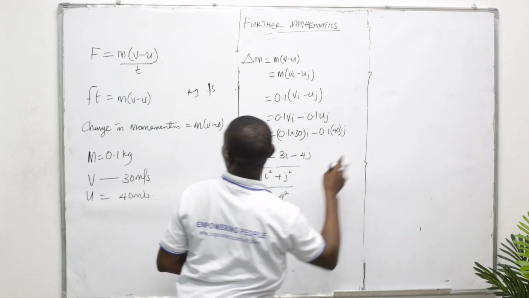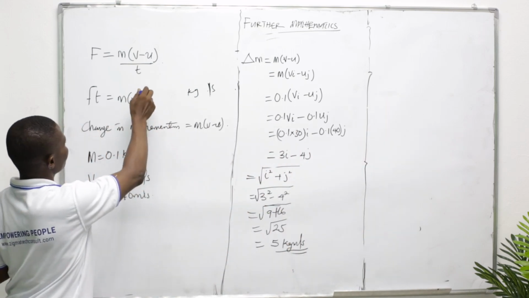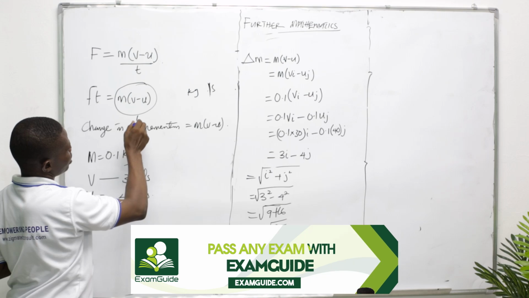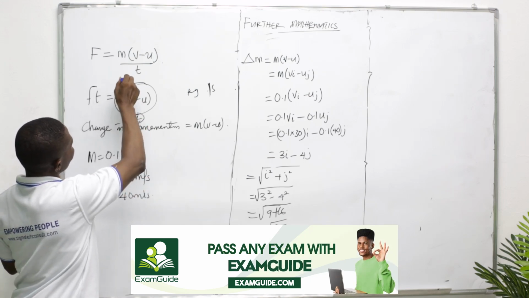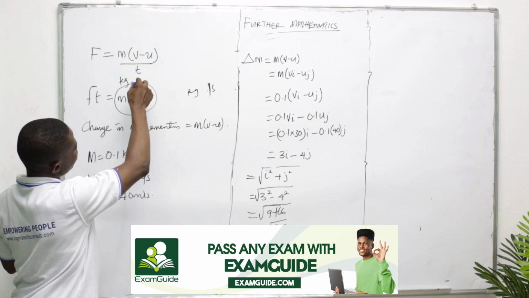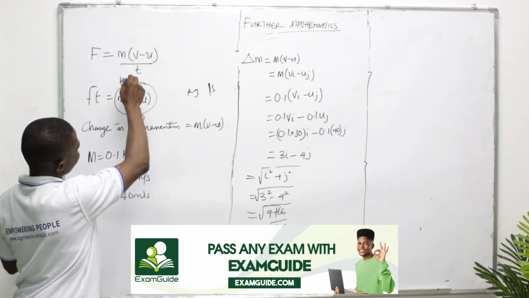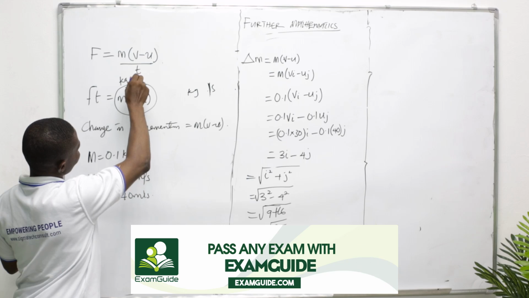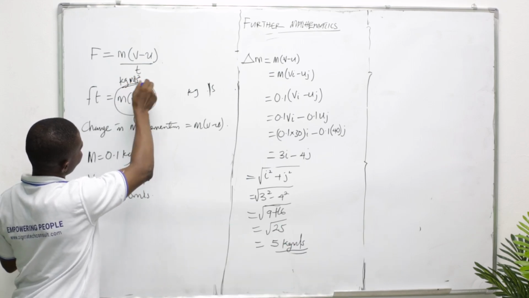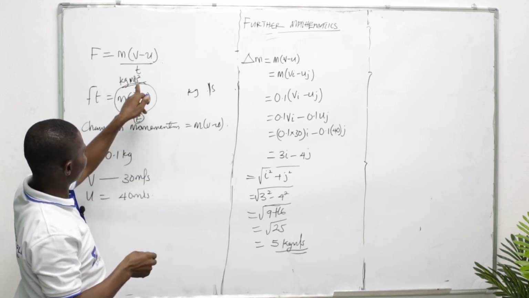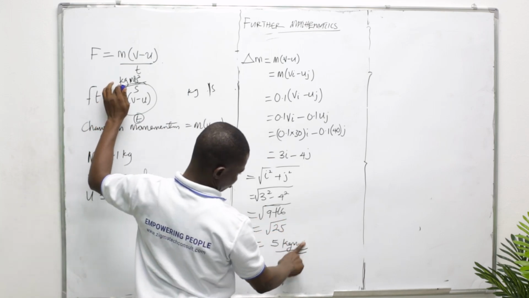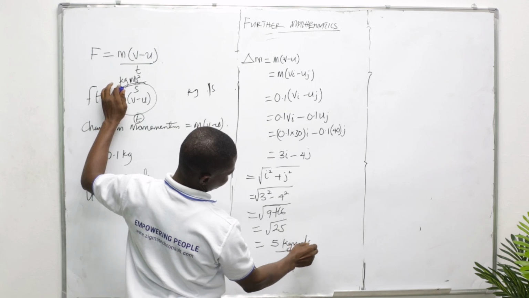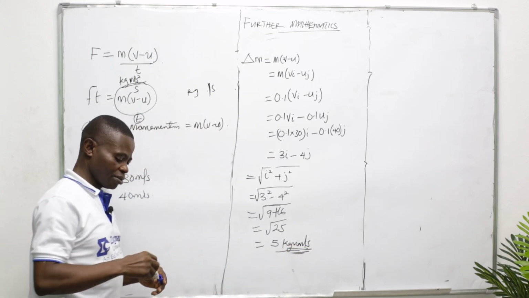Okay, even watching from here, you can see that time is involved. Here mass is kg, then acceleration here is what? Meter per second square, then divided by seconds. This will give us kilogram meter per second.